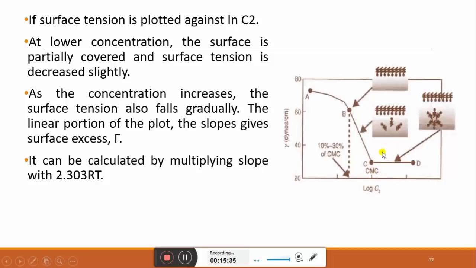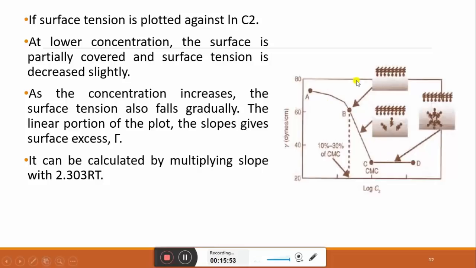At the critical micelle concentration, surfactant aggregates and produces micelles, and after this there is no change in surface tension because the surface is completely covered with the surface active agent. So further reduction in surface tension is not possible.